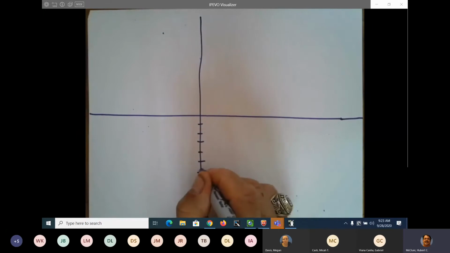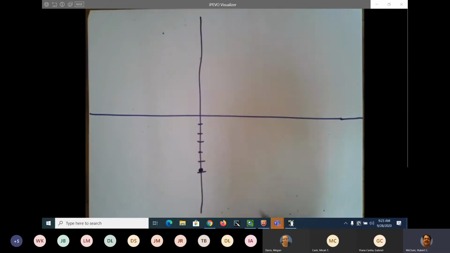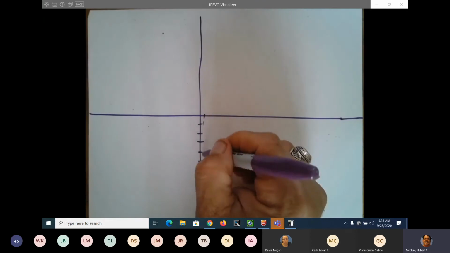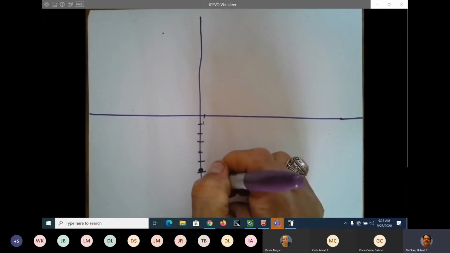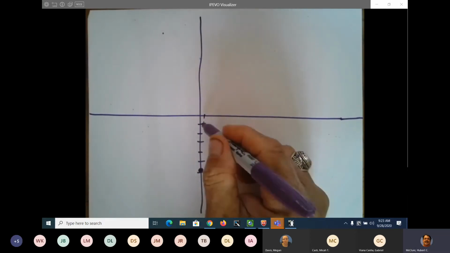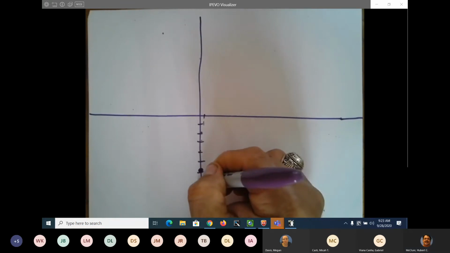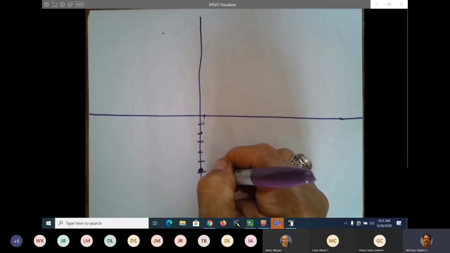5, 10, 15, 20, 25, 30. So this is our x-intercept at 28. Positive 4/3 and -3 will go into negative 100, negative 33 times. So that's going to be 1 1/3 and negative 33. Let's see, I said 5, 10, 15, 20, 25, 30, 35, 33 would be right about there.